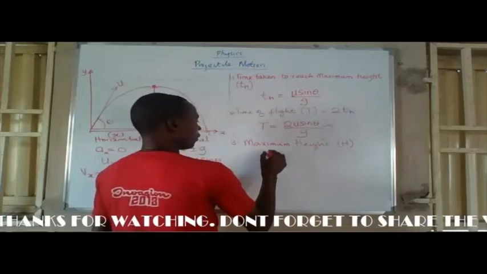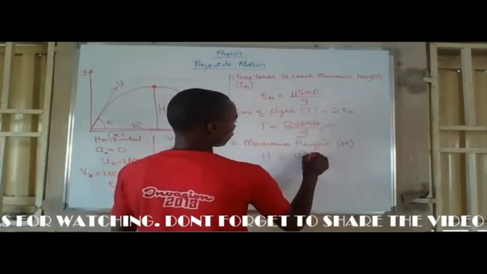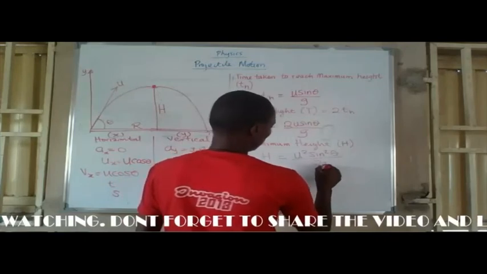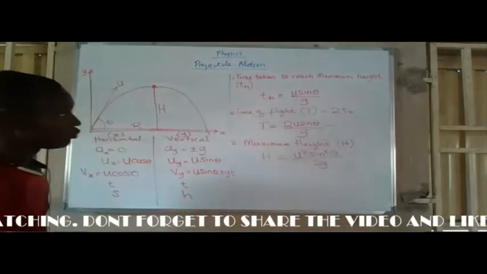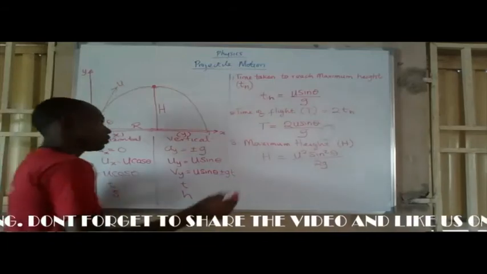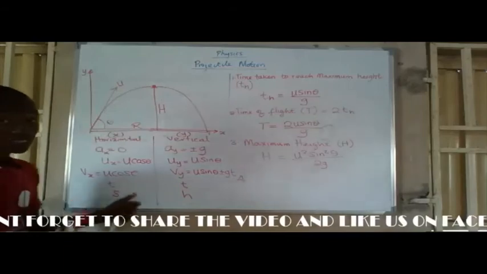So we have that H is equal to u square sine square theta over 2g. This can actually be proved. All these formulas can be derived from this relationship. Essentially, commit the formulas and the definitions to memory.